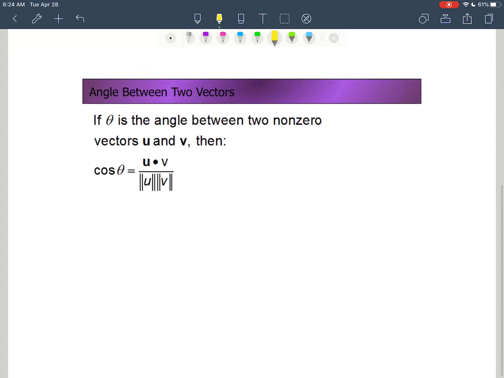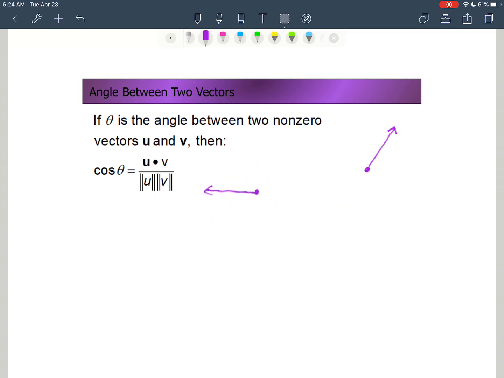So if theta is the angle between two non-zero vectors, so I have a vector, and then I have maybe another vector going that way. I can take this vector right here and move it anywhere because location doesn't define a vector.